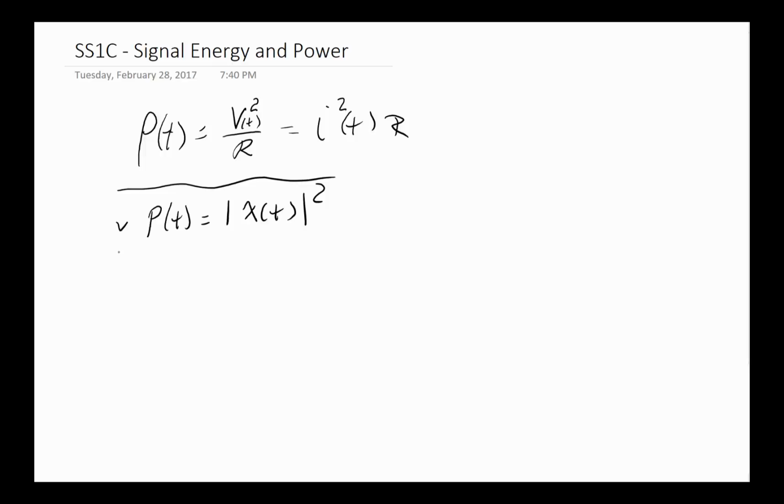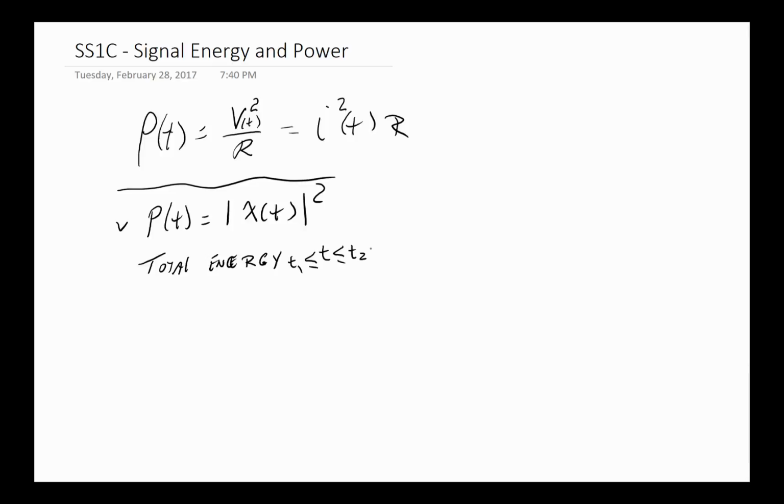Now, you recall that if you're looking for energy, let's say somebody's asking us for a total energy in an interval from t1 to t2, you recall that energy is the area under the power curve.